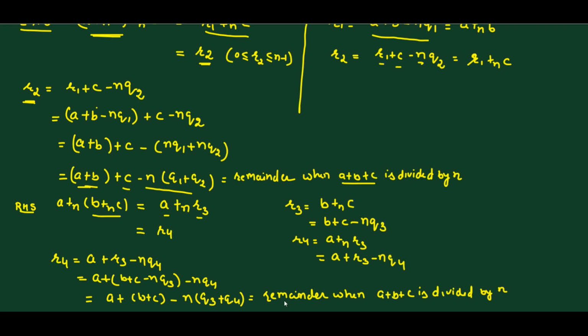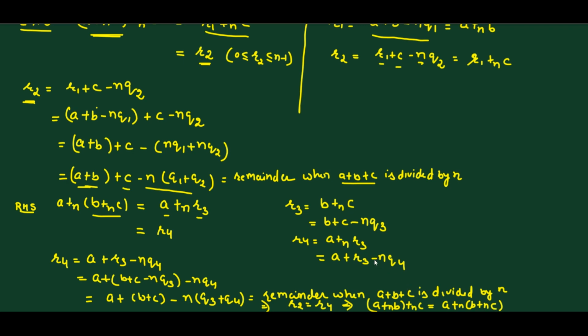So this implies R2 must be equal to R4, and this implies A plus B plus C is equal to A plus B plus C. So this establishes the associativity in S.